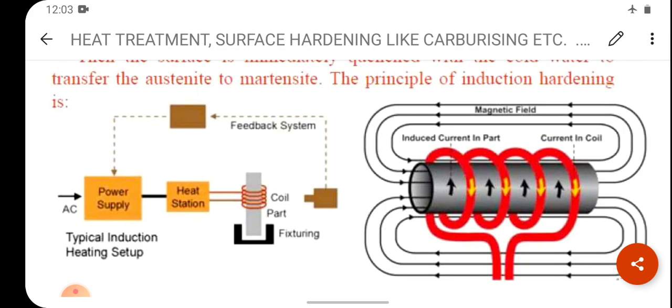The part is heated by the induction method, and after that this part is cooled. Here current will be induced in the part, and current in the coil, and this is the line diagram which shows the magnetic field. So now I hope you understood the concept of the induction mechanism.